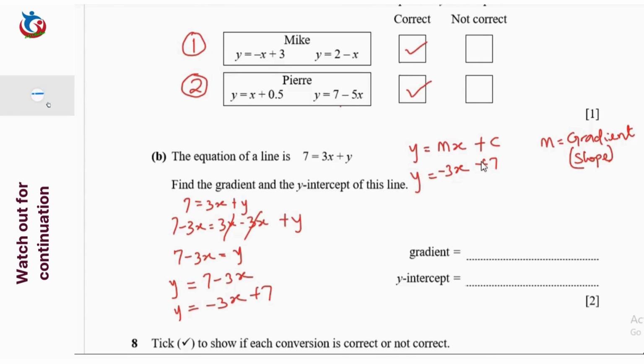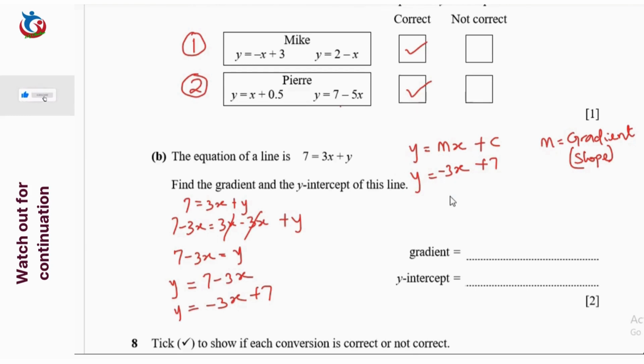Alright, so comparing the two equations, you can see here we have our y. Good. Here we have our x. Do you see that? Now, what will be representing the m here is minus 3x.